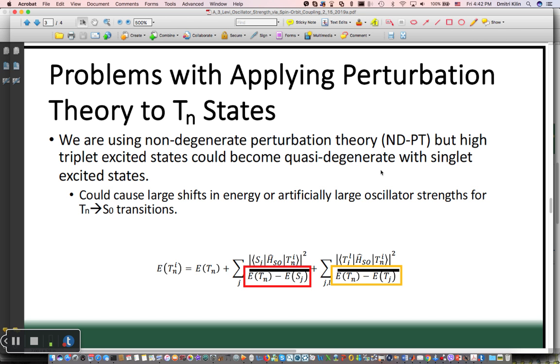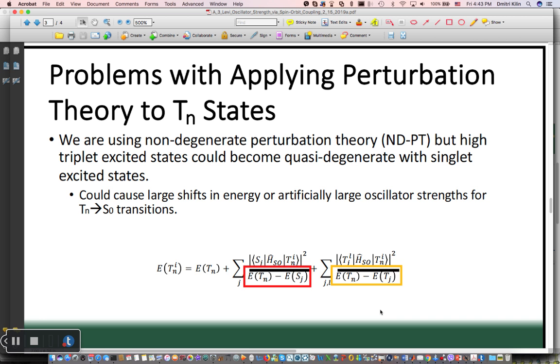I would agree that you cannot have degenerate triplet states or singlet states, but you may have a case where a singlet and a triplet come to the same energy. Yes, so here this term can become degenerate, the red one. The yellow one can never be exact.